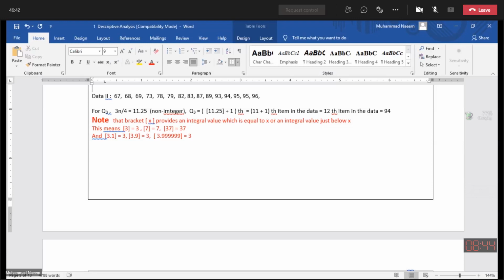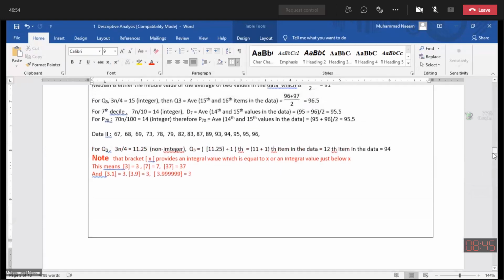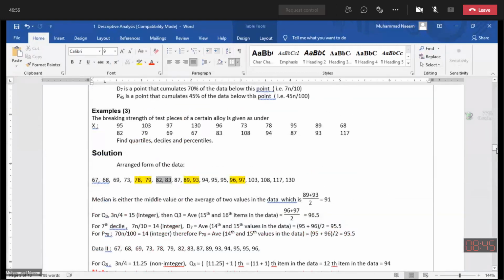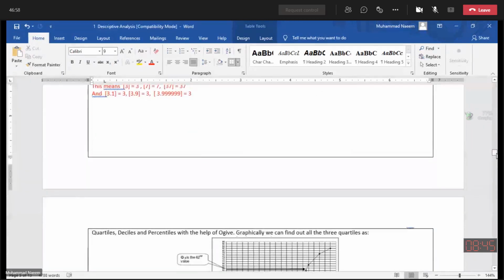We are given a grouped data. Let's say, consider any frequency distribution that we have discussed in previous examples.